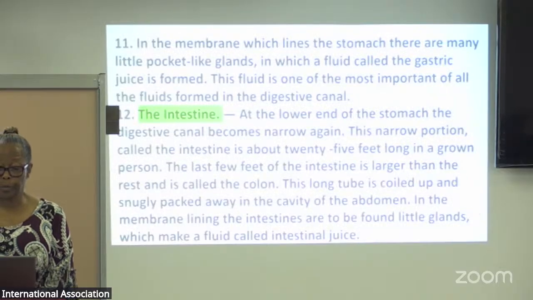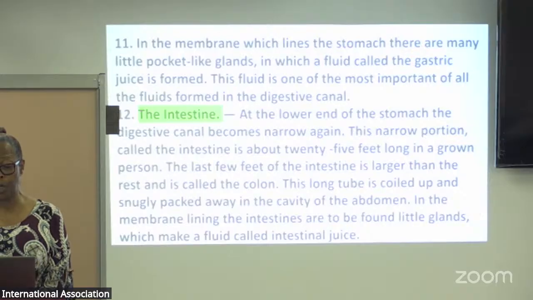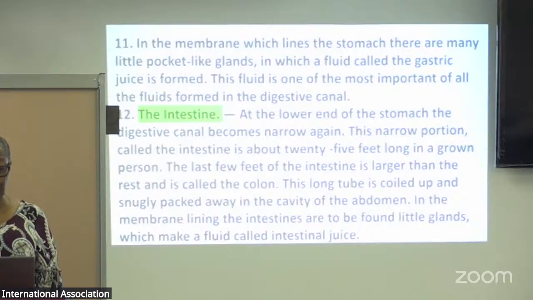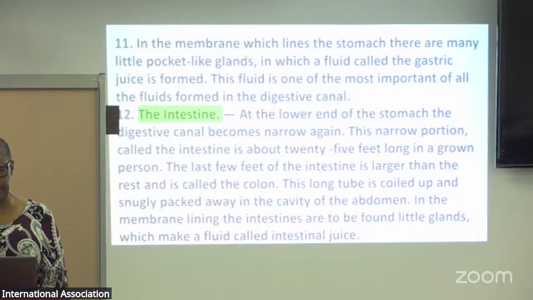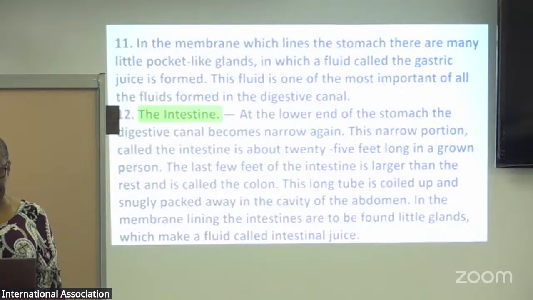In the membrane which lines the stomach, there are many little pockets, like glands, in which a fluid called the gastric juice is formed. This fluid is one of the most important of all the fluids formed in the digestive canal. At the lower end of the stomach, the digestive canal becomes narrow again. The narrow portion called the intestine is about 25 feet long in a grown person.